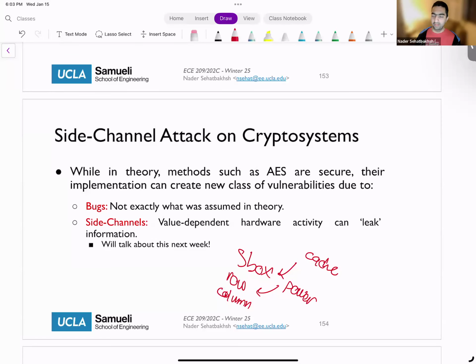And they actually managed to leak the keys and then find the keys.